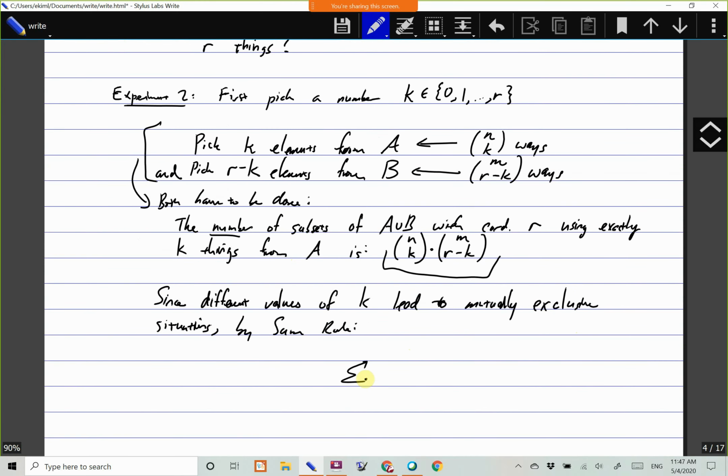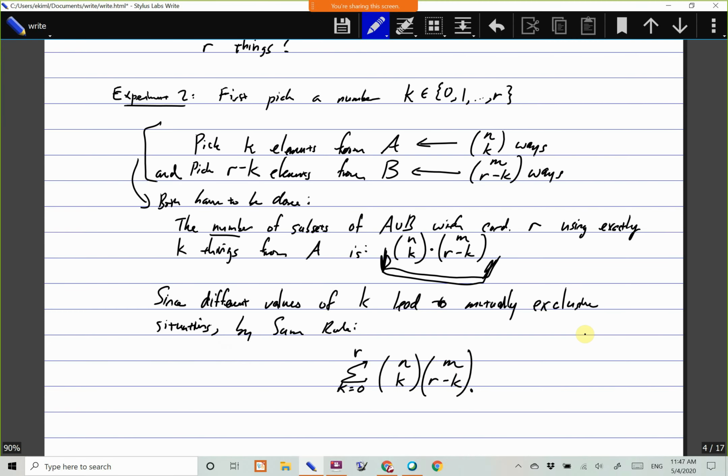So this will be a sum, k equals 0 all the way up to r, of this thingy over here: n choose k times m choose r minus k. Okay, so that's the right side.